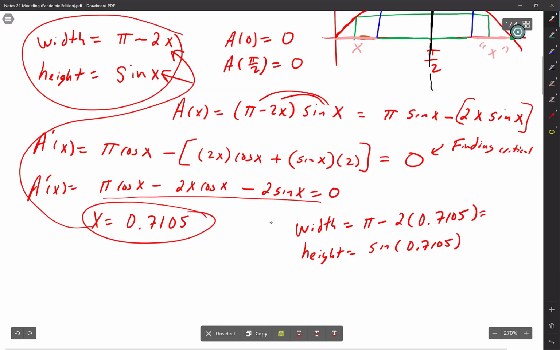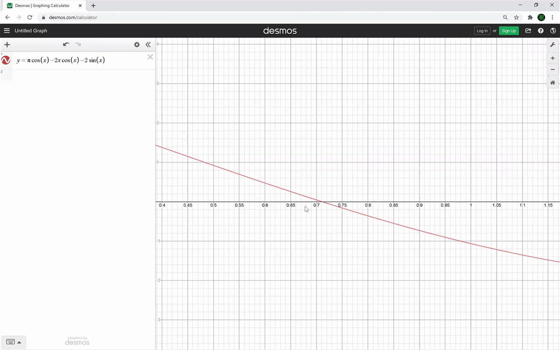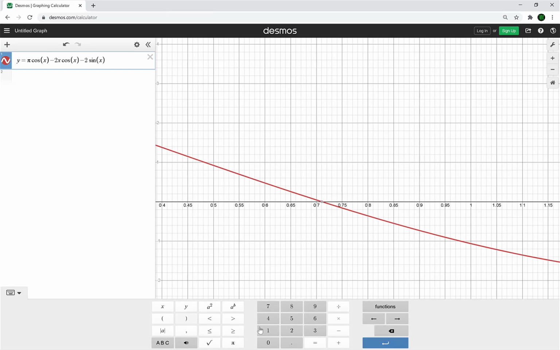So I'm going to go to Desmos. Let's see, will it do it for me? How do I save this point? Is there a way? I wonder if I put equals 0, will it give it to me? Nope. It's not a CAS.